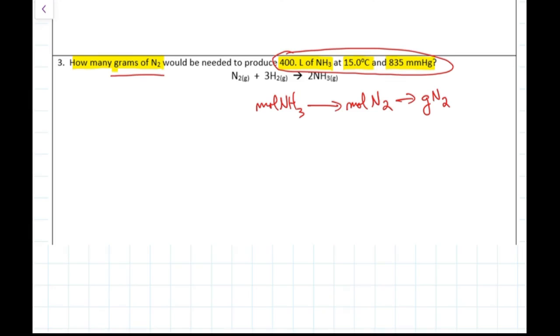The thing that makes this a gas stoichiometry problem is we don't have moles of NH3, but we do have volume, temperature, and pressure of NH3, right?